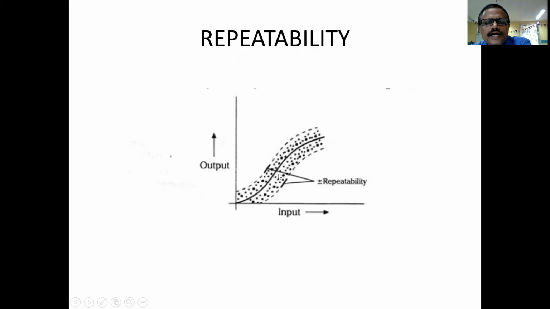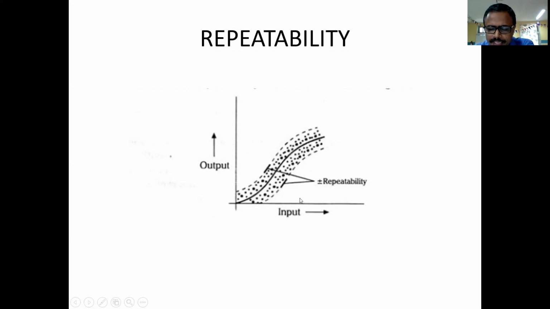The readings are clustered around this bandwidth. So it is showing the repeatability with plus or minus range. So the dark line is the actual true value. If the measured values are somewhere here, you can say plus, and here you can say minus.